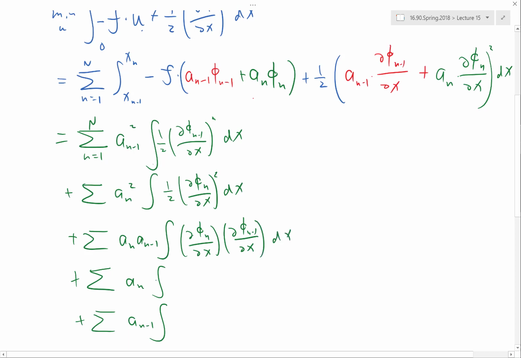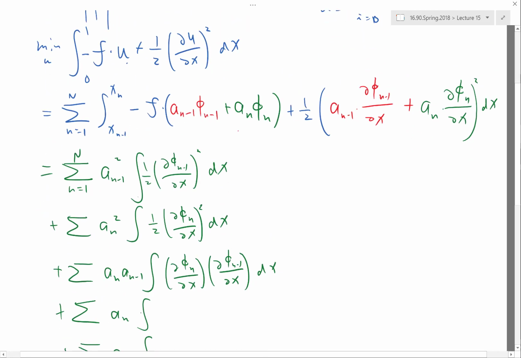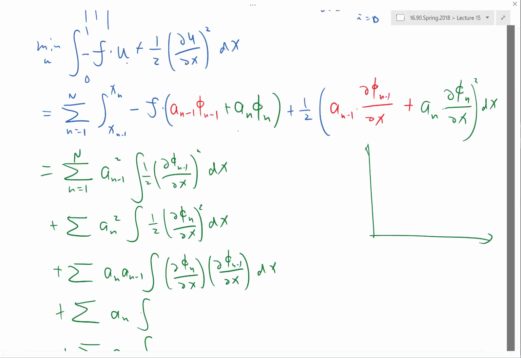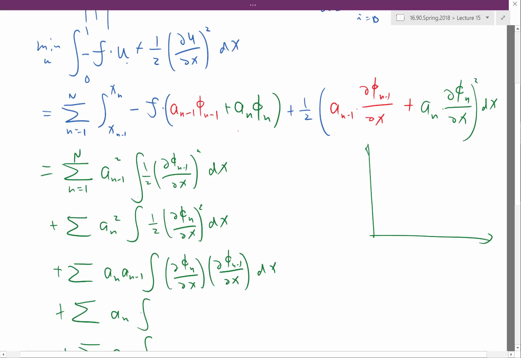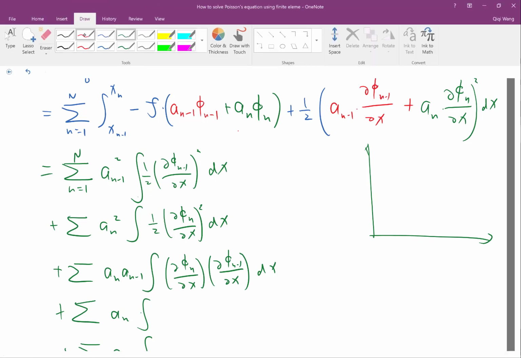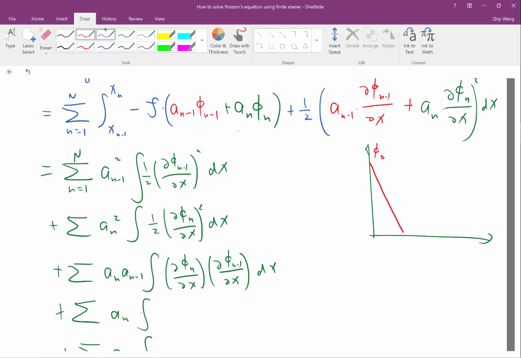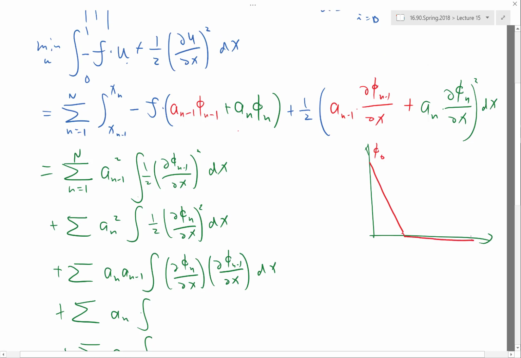Okay, let me again look at the form or the shape of these basis functions. Let me still write. The first one is this guy. It's called phi 0. Phi 0 actually stays 0 over here.